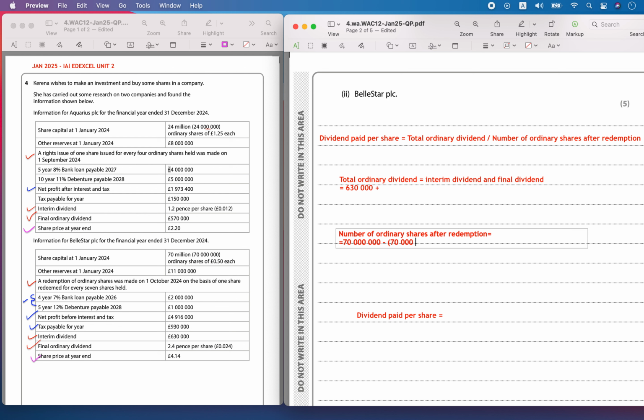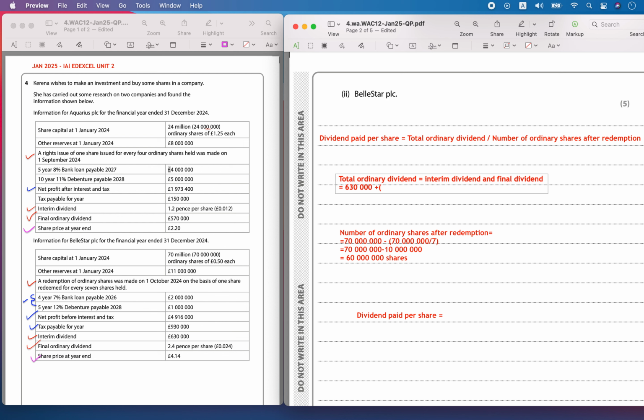So 70 million divided by 7 is 10 million. So 70 million minus 10 million is equal to 60 million shares. This 60 million is the final number of ordinary shares left after the redemption.